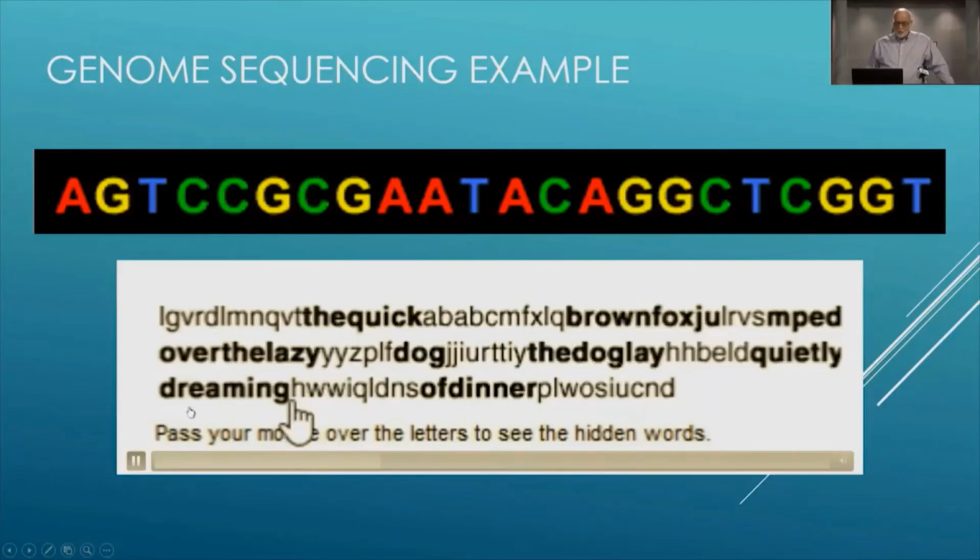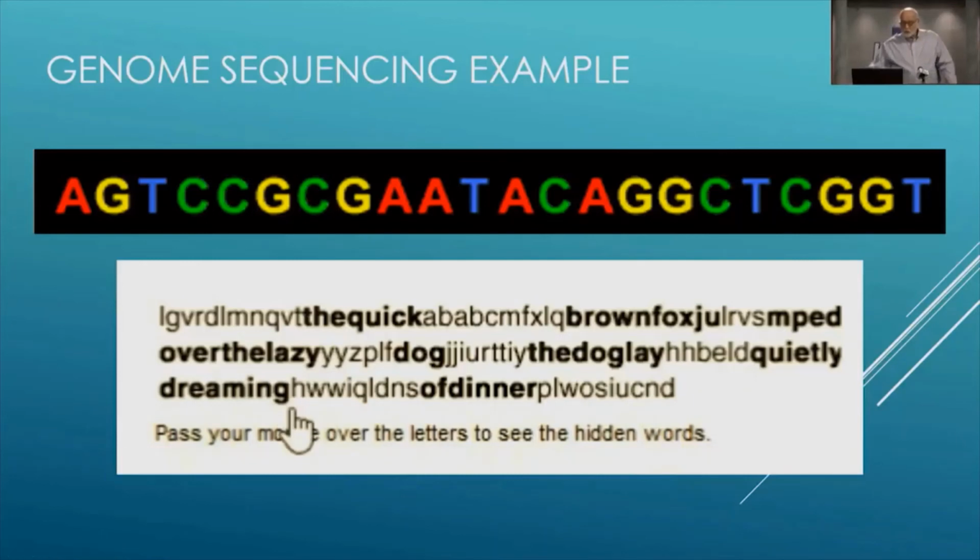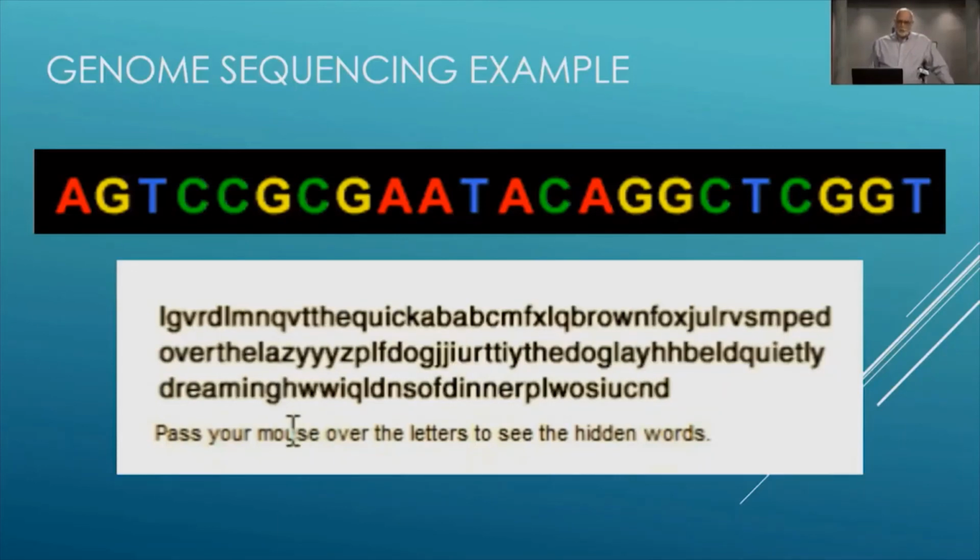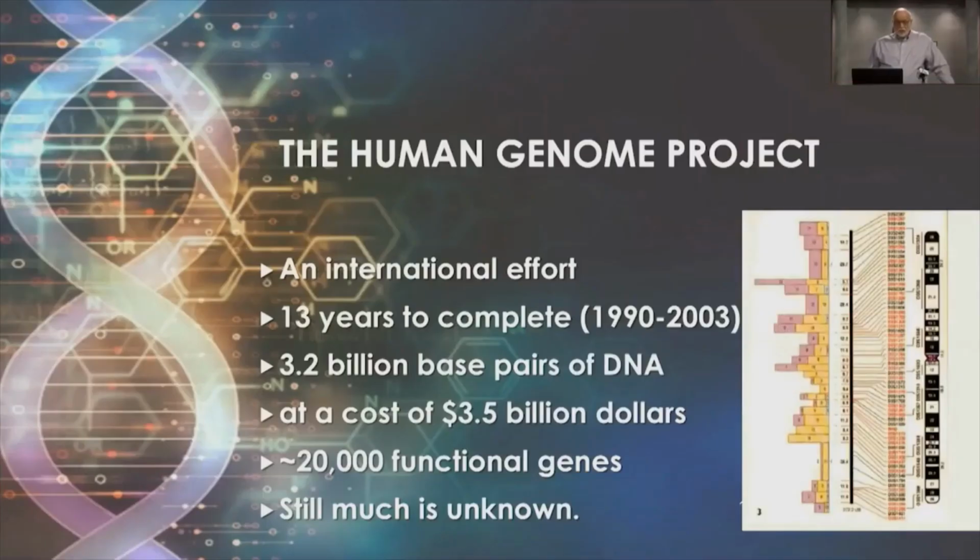And you can see that they read, "The quick brown fox jumped over the lazy dog. The dog lay quietly dreaming of dinner." This is roughly equivalent to the task that faces scientists as they try to understand the genome.